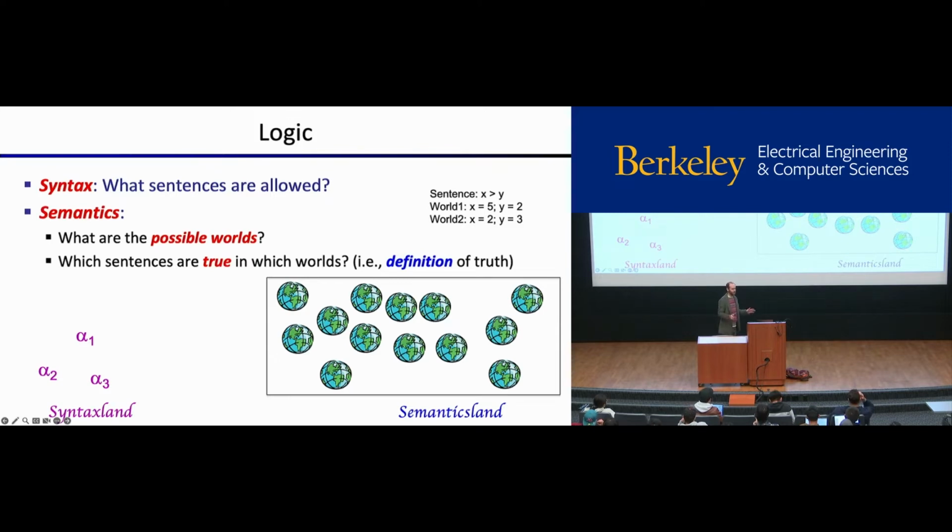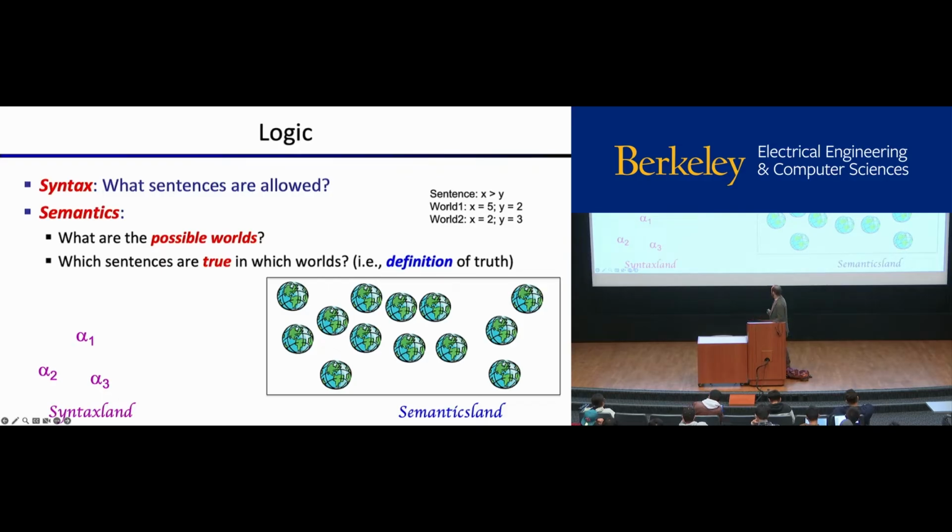For propositional logic, a world is an assignment of values to variables. And then, to evaluate whether the sentence is true in that world, we assign the variables their values according to the world, and then we have some understanding of how to check whether it's true. So this sentence is true in this world, false in that world.